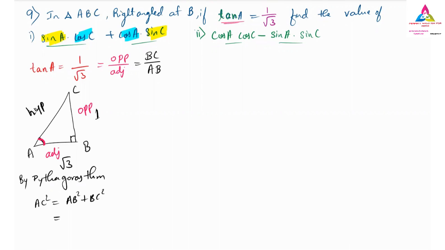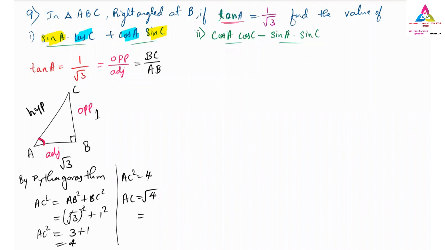AB is root 3, the whole square, and BC square is 1 square. Root and square get cancelled, so remaining will be 3 and 1. So AC square is equal to 4. So the AC value will become root of 4, and root of 4 is 2. So we got the hypotenuse as 2.